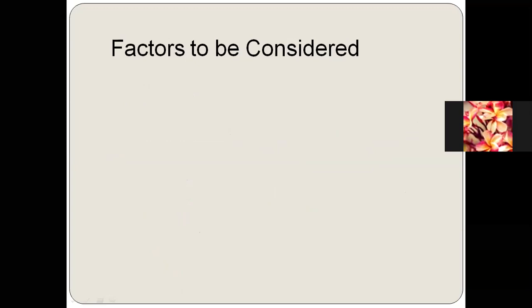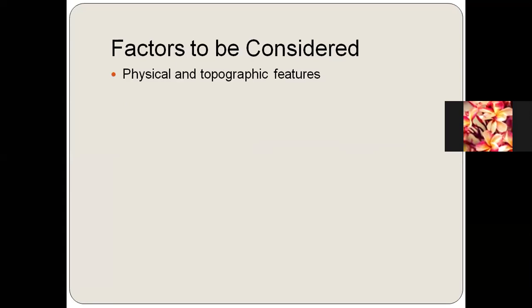When you plan a design, what are the factors that we should consider? Physical and topographical factors, especially if you are going to do experiments on the land or in the field.